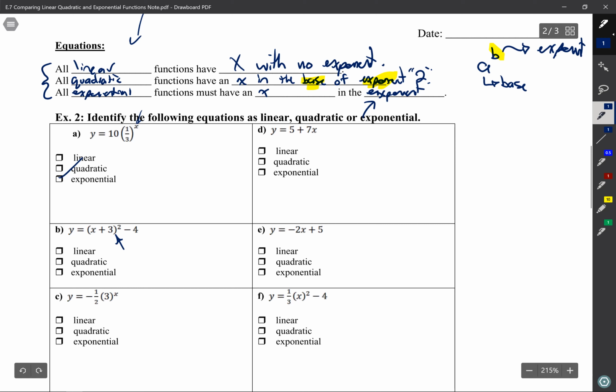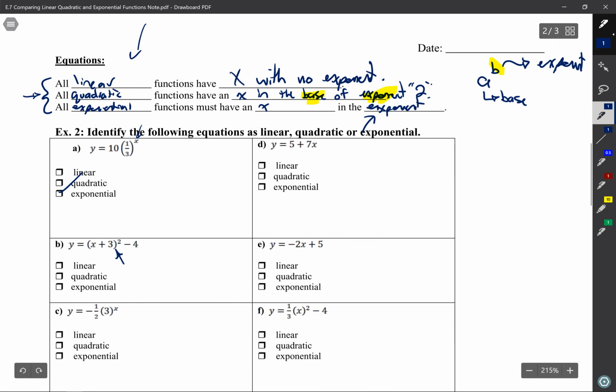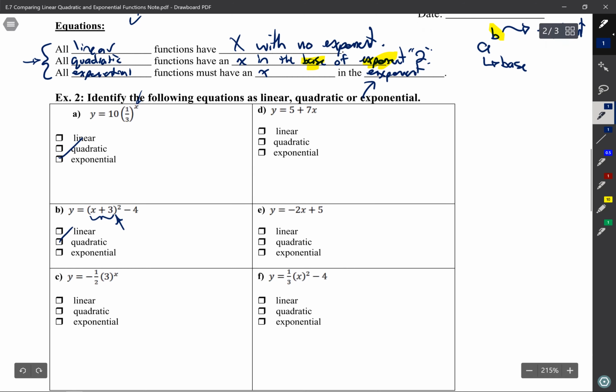Moving on. Here, I have an exponent equal to 2, so often that tells me it might be quadratic, and I just need to make sure that my x is in the base. Is my x within the base? Well, the base is everything in the brackets here. I see the x, so it is a quadratic. This one here, just like the first one, I have an x in my exponent. That means it's exponential.